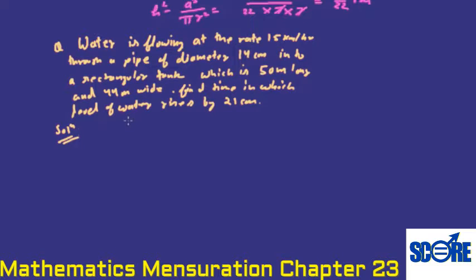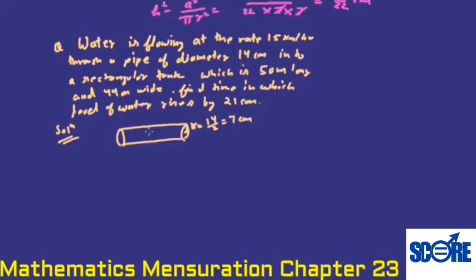So in this question we have given a pipe. Let the pipe be in the shape of a cylinder. This is the pipe through which the water is flowing. Its diameter is given to us, so its radius is diameter divided by 2, that is 7 centimeter.